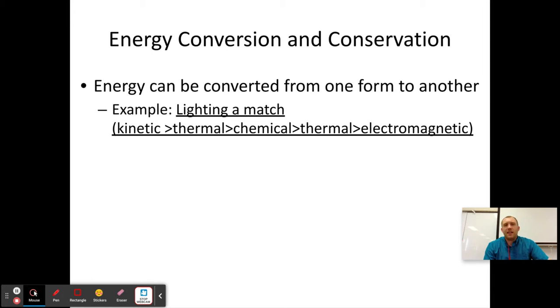Favorite example of that, lighting a match. It's always kind of funny when we have students light a match in class. Some of you don't even know how to do it. When you strike a match, you're actually using chemical energy from inside your body to create motion, kinetic energy. Then that motion creates friction on the side of the box, thermal energy, which ignites the chemical energy stored on the tip of the match, which then becomes thermal energy, gives off heat and light.